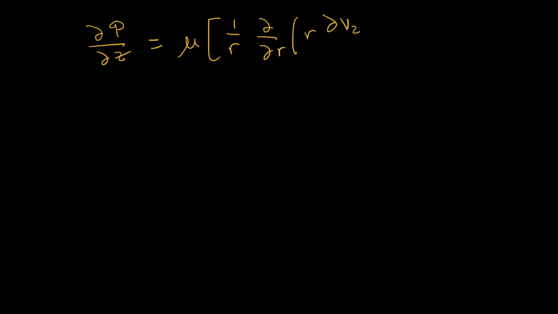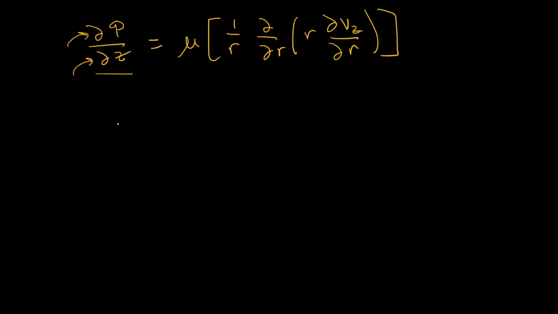The equation from the last slide is going to be d script p dz is equal to mu times 1 over r d/dr of r dvz dr. To rewrite this, we can actually change these partial derivative symbols into ordinary derivative symbols because our pressure here is only a function of z.